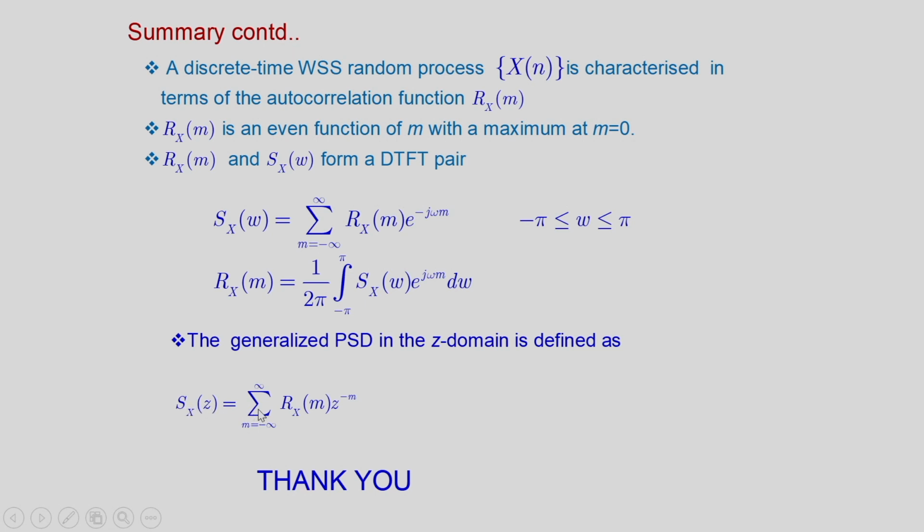We also gave one example to illustrate how Sx of z can be obtained from Sx of omega. In the next lecture, we will discuss the output response of a linear system when a stationary WSS signal is applied as an input. Thank you.